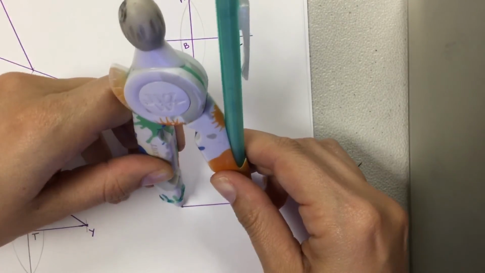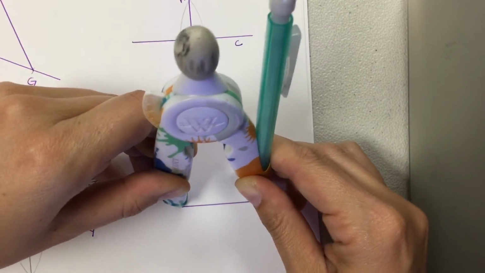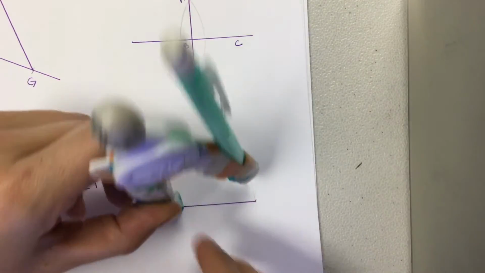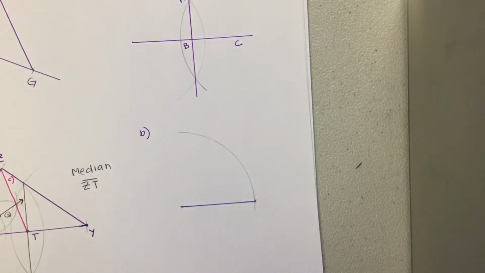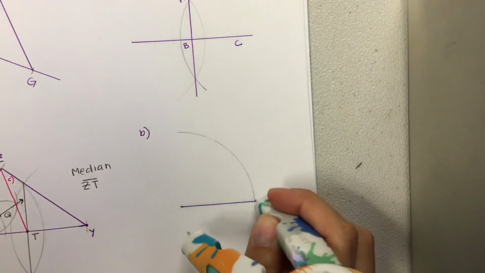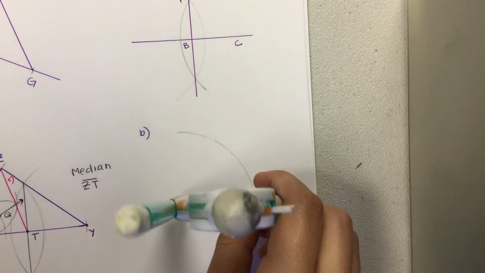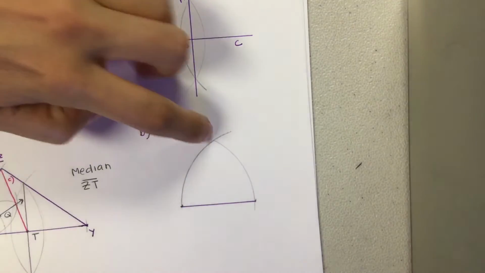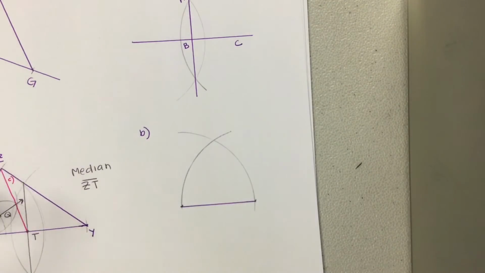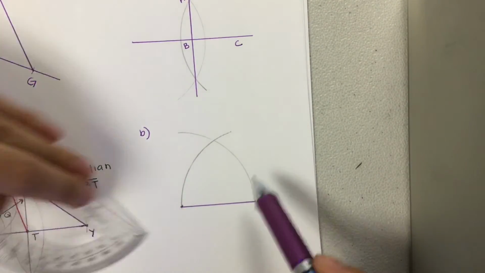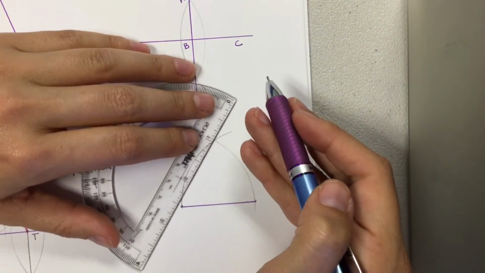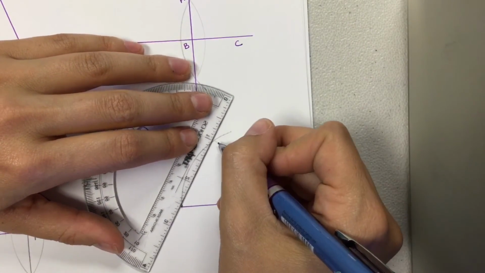So I'm going to open my compass to the second endpoint, and I'm going to draw an arc. Anywhere along this arc is the same length as my segment. Turn it around, keeping the compass setting the same. At this point right here, we are equidistant from each endpoint, and that distance is the length of my segment. So this is how we're going to create the 60-degree angle.